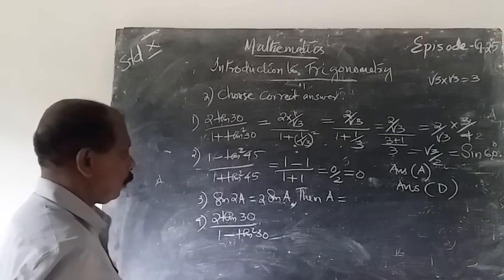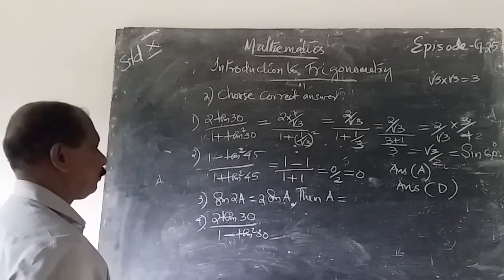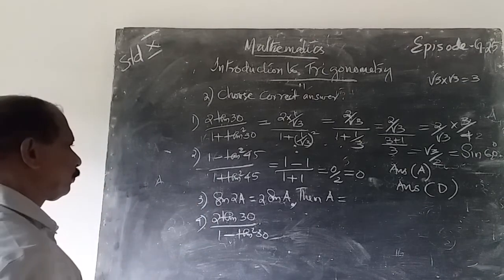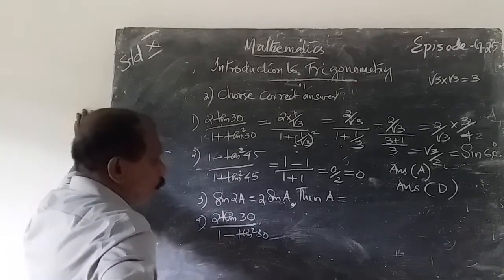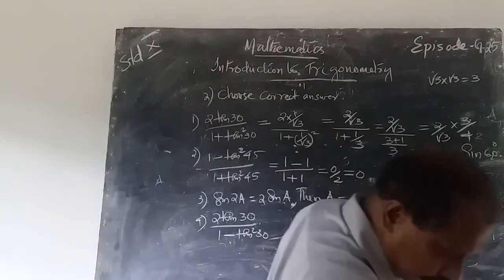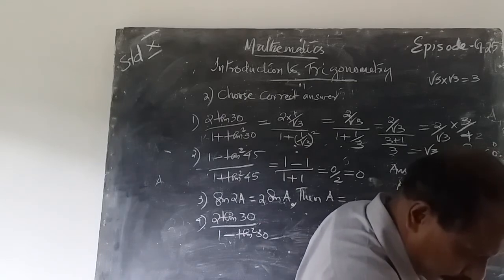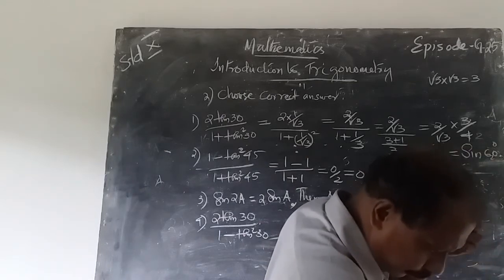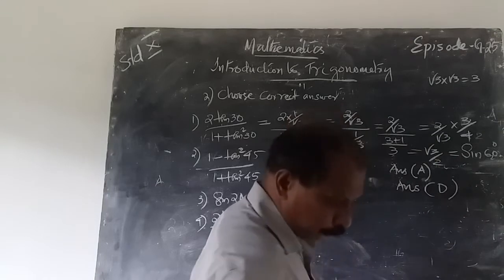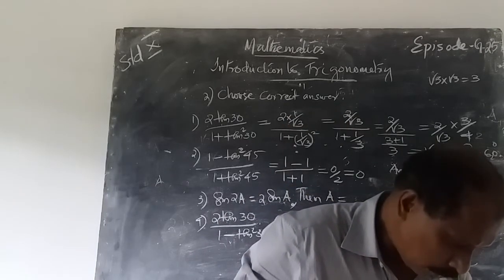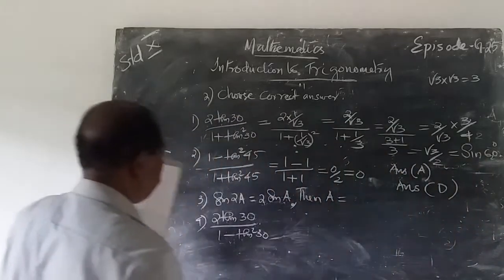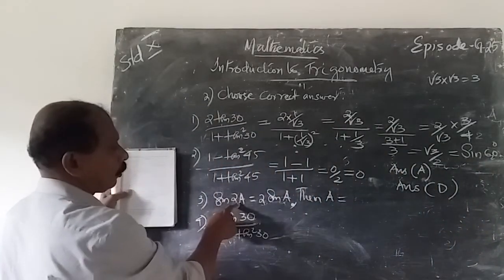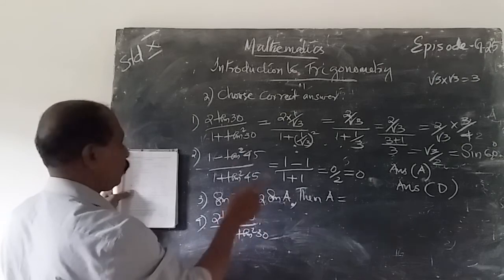Then, the third question. Sin 2a is equal to 2 sin a. Then what is the answer? There are 4 answers. One answer is 0. That is sin 0, 0; 2 sin 0, 0.